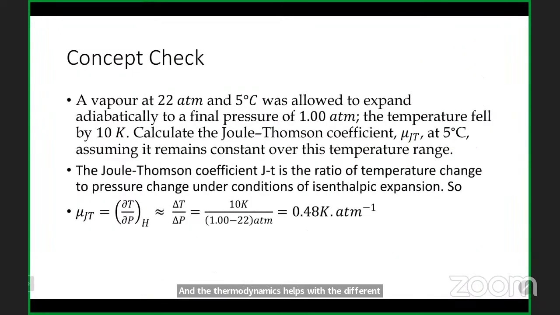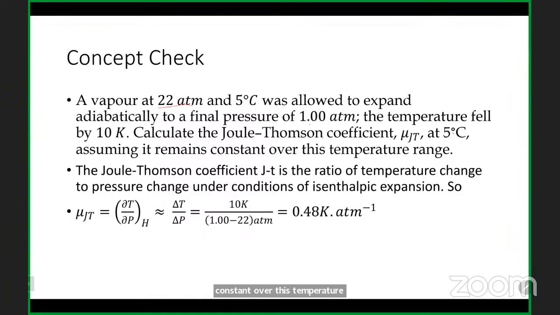Okay, let's work an example, and I think after the example, we are calling it a class. A vapor at 22.8 atmospheres was allowed to expand adiabatically to a final pressure of 1 atmosphere. The temperature fell by 10 Kelvin. Calculate the Joule-Thomson coefficient at 5 degrees, assuming it remains constant over this temperature range.